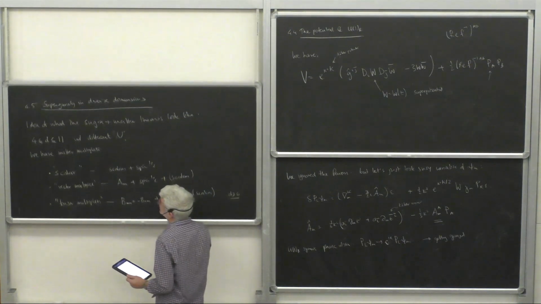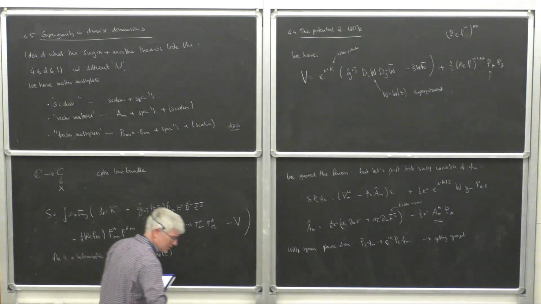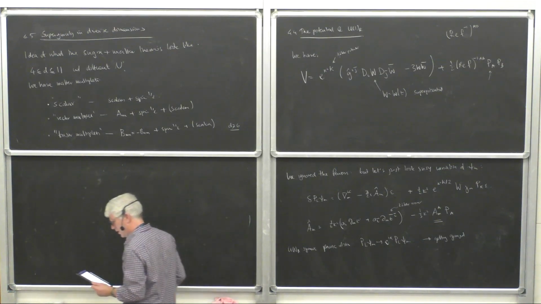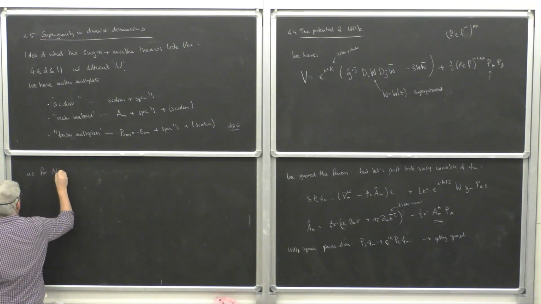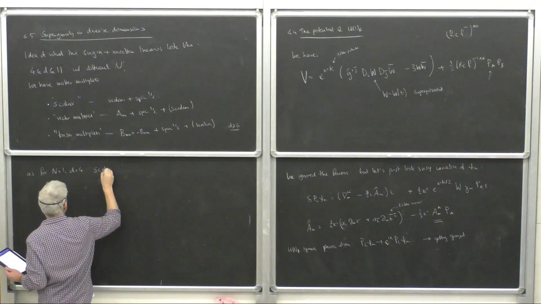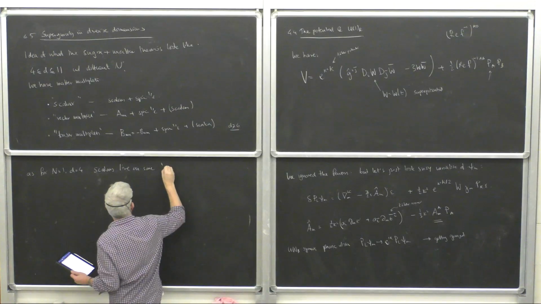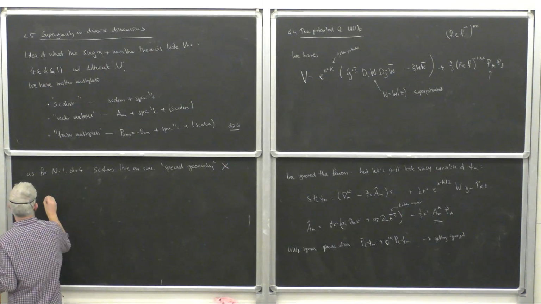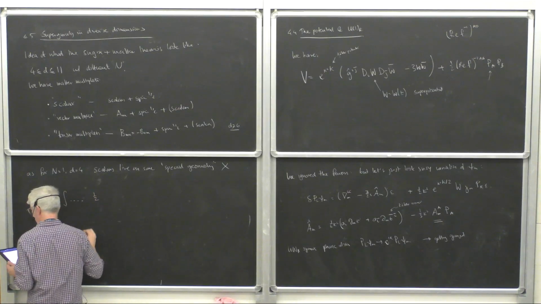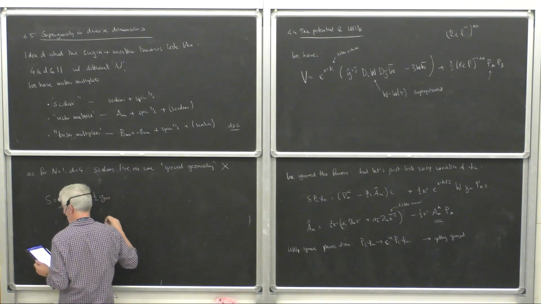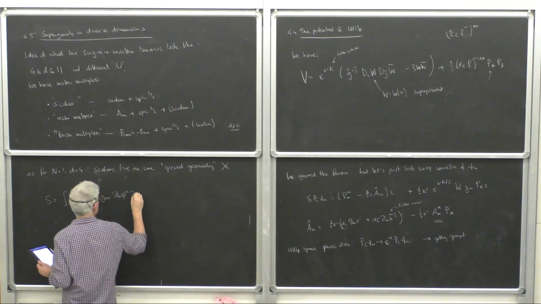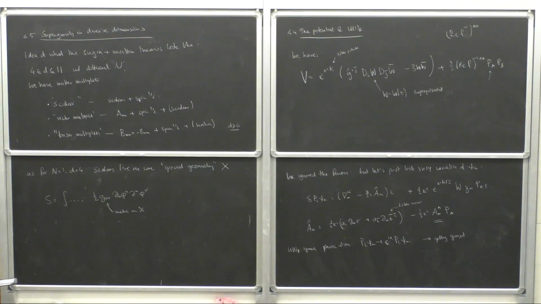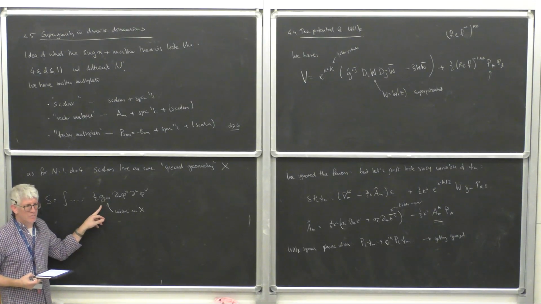And then what happens is that, as for the n equals 1, d equals 4 theory, the scalars live on some special geometry, X. So what I mean is, in the action, there's always a term that looks like a half g_uv, I'll use indices u v, d_m phi^u, d^m phi^v, and this is some kind of metric on X. And depending on the amount of supersymmetry, the geometry of this space gets restricted in different ways.